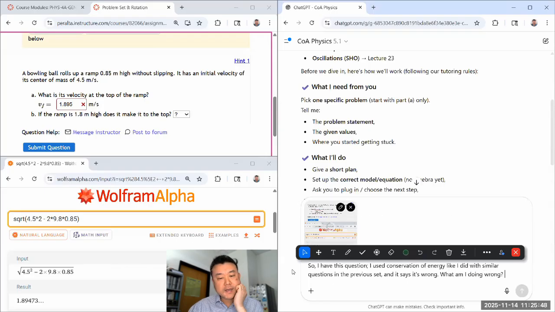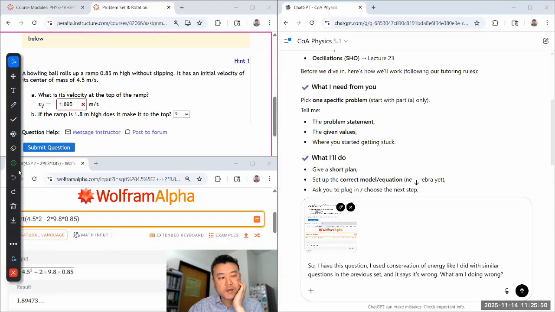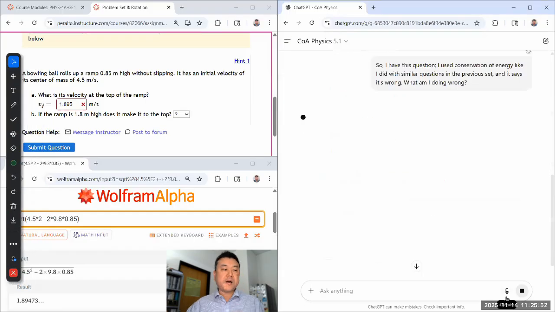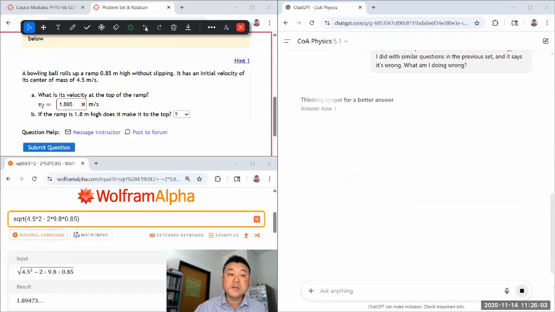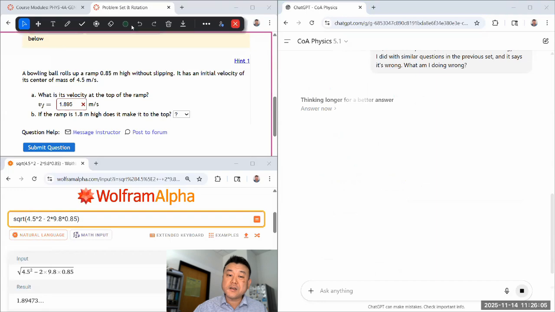What I'm hoping is that it'll give me a minimal hint, telling me what I need to get over this immediate hurdle. I've already communicated that I know about conservation of energy, so really all I need is learning to account for rotational kinetic energy.